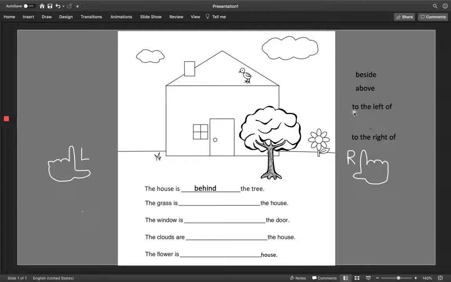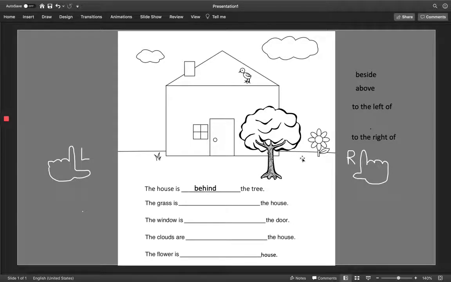The next one says to the left of. This is our left side. Is the grass to the left of the house? That one sounds like it could fit there. But let's read the last one to make sure. To the right of. Is the grass to the right of the house?